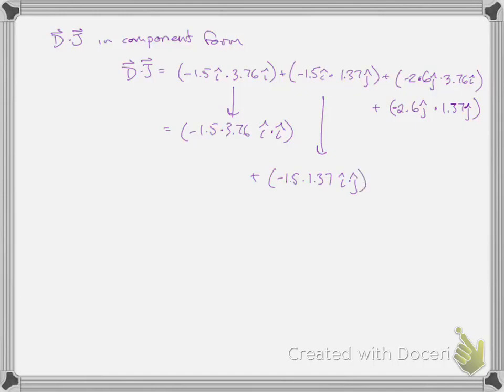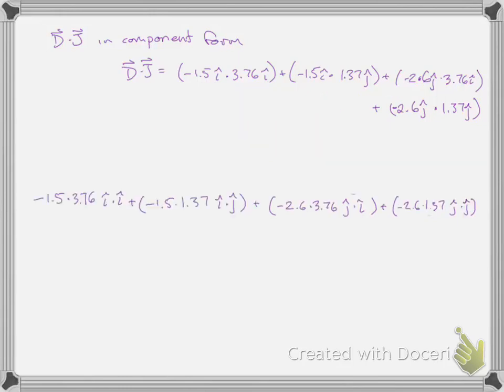They've got direction, magnitude 1, and direction either in the x or y direction. And the third term, plus minus 2.6 times 3.76, j dot i. Let me redo this. Okay, I rewrote that. Those are the four terms where I just took the numbers out from in front of the vectors i and j.